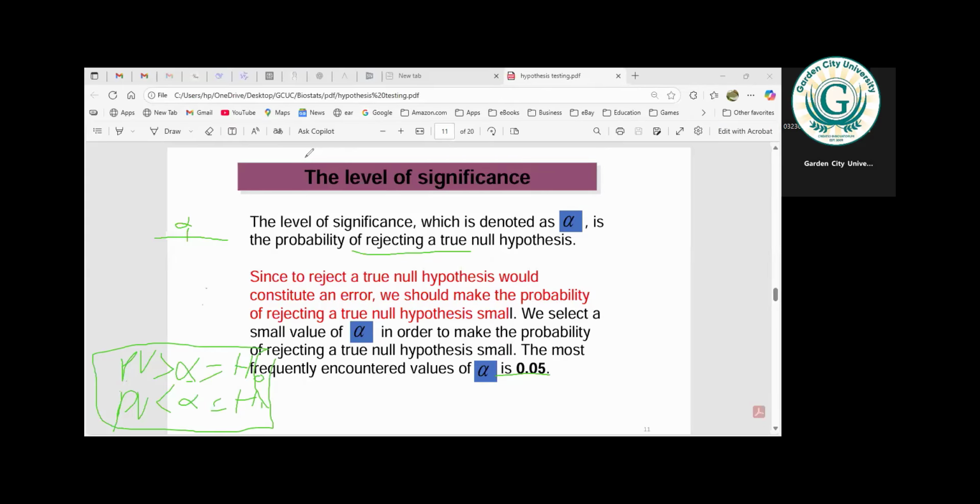Yes, please. I wanted to ask, is the alpha, or let me say the significance level, in relation to what we did earlier, the null and the alternative? I'm lost. Is it in relation to that, or is it a different thing altogether?